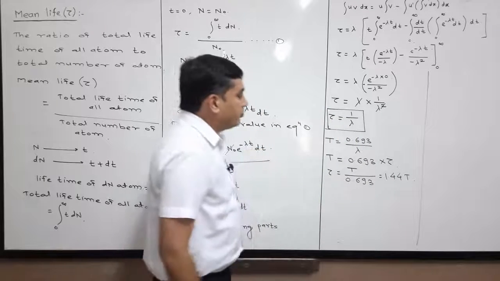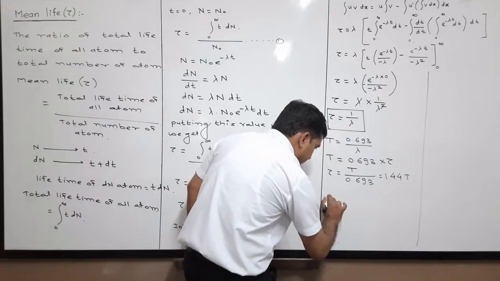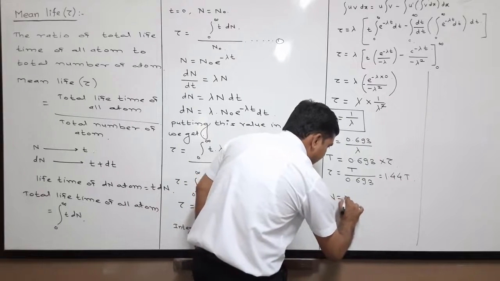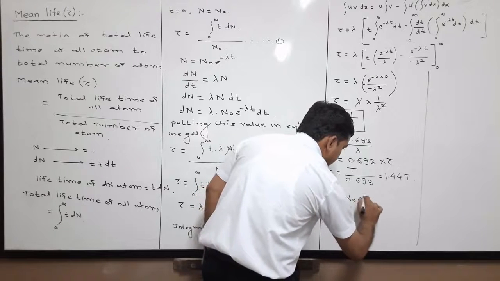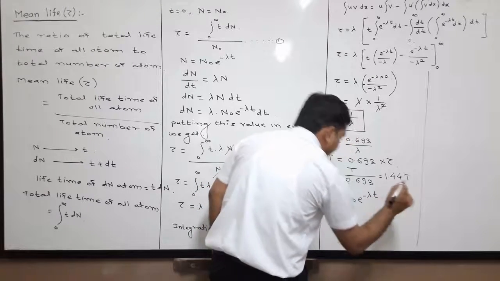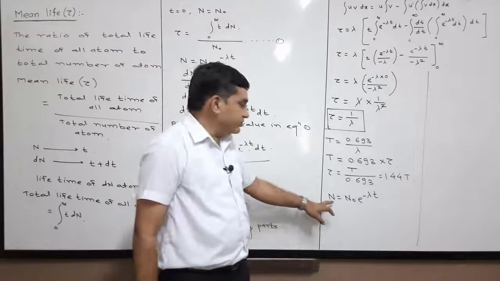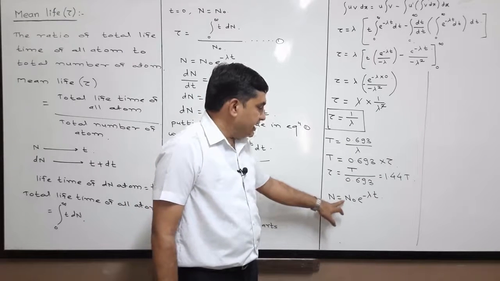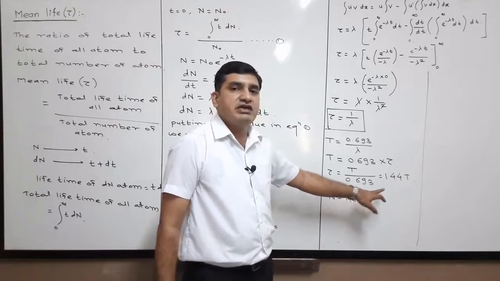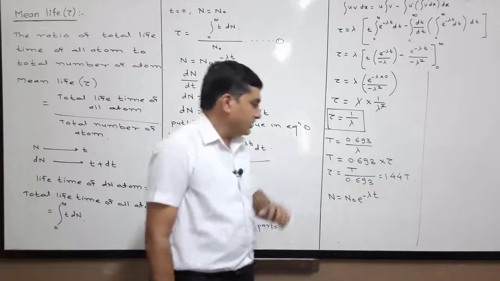Now we know that N is equal to N0 e raised to minus lambda t. That is, according to the law of radioactive decay, N is equal to N0 e raised to minus lambda t.